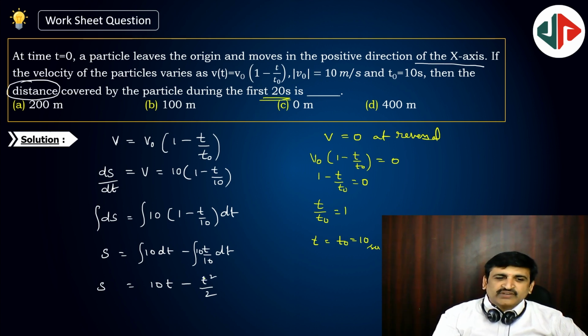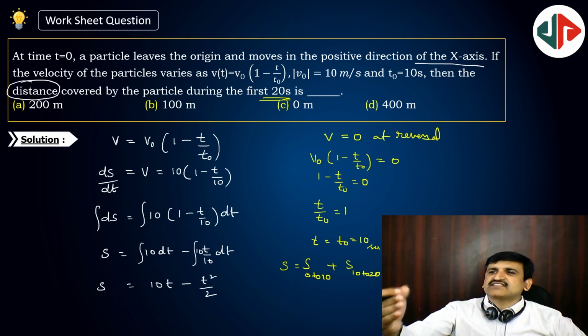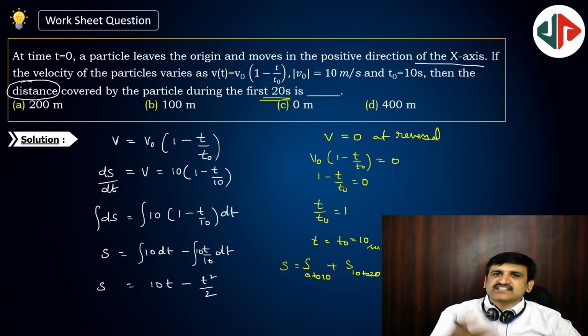So you need to integrate as you did already. Then displacement: you have to take 0 to 10 seconds separately and 10 to 20 seconds separately, because it is taking path reversal. If you consider 0 to 20, it will give you 0, because 10 seconds displacement and reverse 10 seconds displacement will be equal.